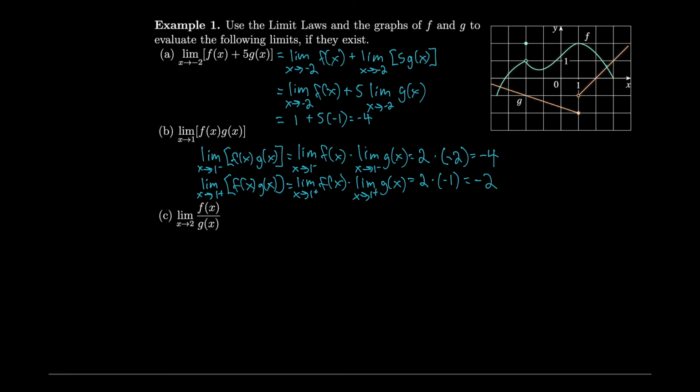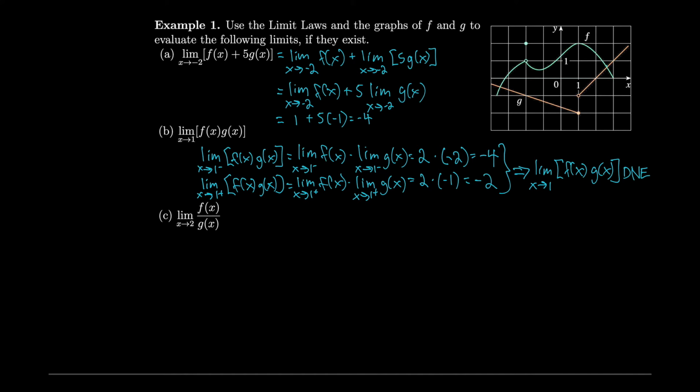So this becomes minus 2. That implies that this limit does not exist. Because remember, if our left- and right-handed limits don't match, then our entire two-handed limit does not exist.